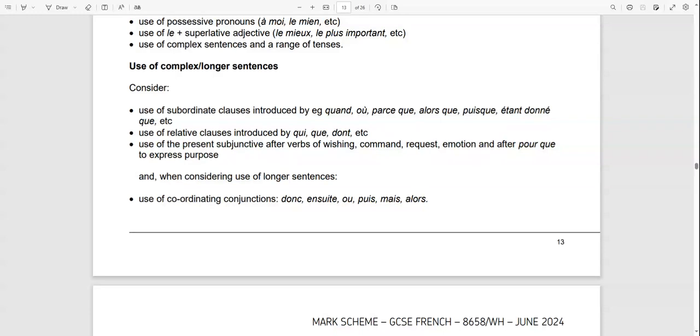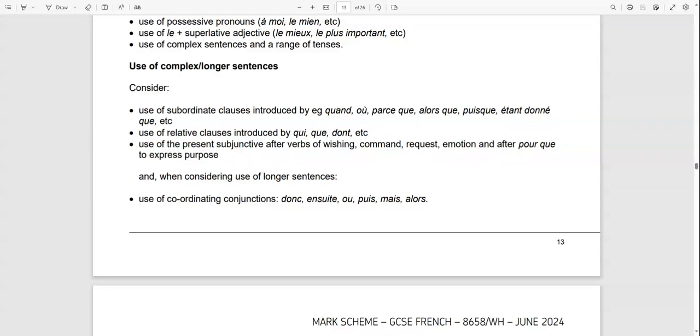Use of relative clauses introduced by qui, who, que, what, dont, whose. So using those types of phrases is going to help you get better quality language marks.